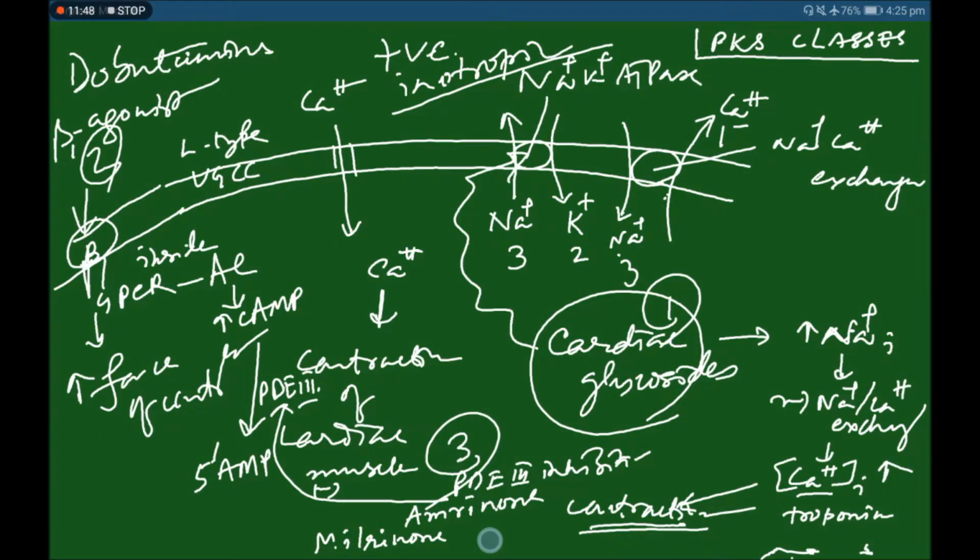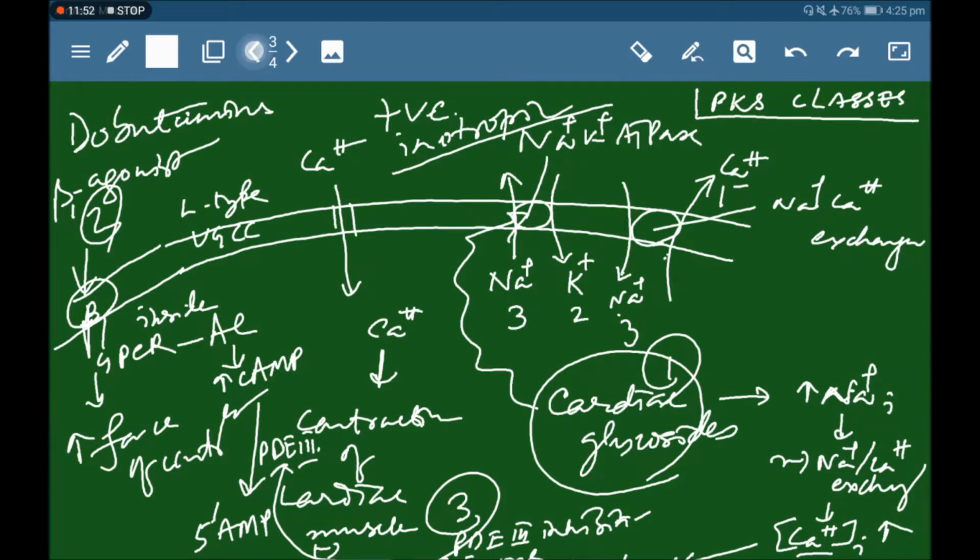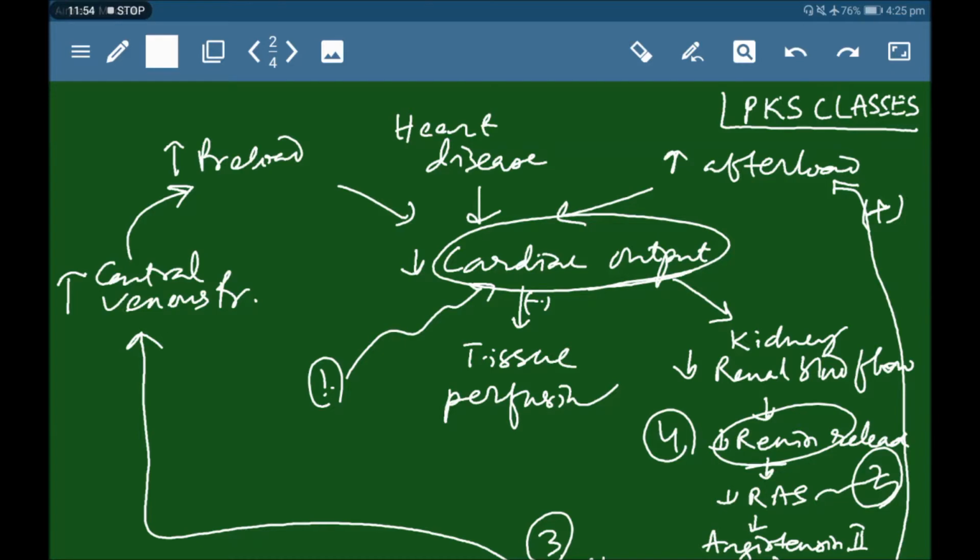Okay, and what other drugs can we use? In addition to the positive inotropic drugs, we can use inhibitors of the renin angiotensin system, like ACE inhibitors and AT1 receptor blockers.